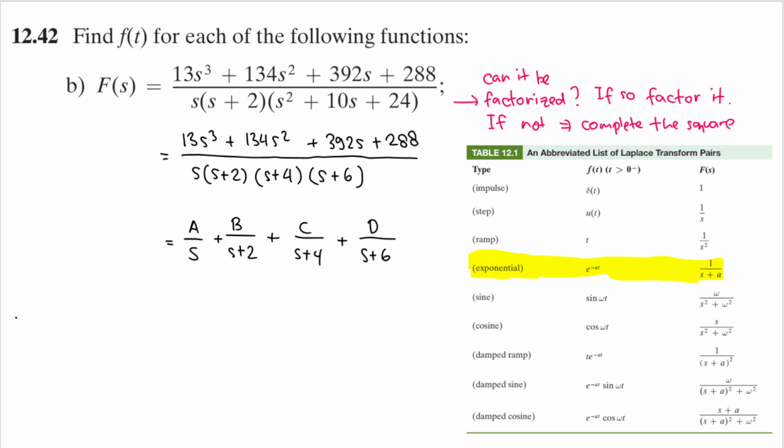Let's write it here. So we will have A times s plus 2, s plus 4, s plus 6, and then for B we will have B times s, s plus 4, and s plus 6.